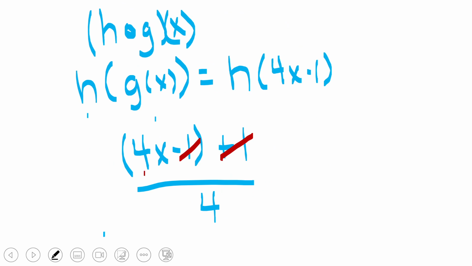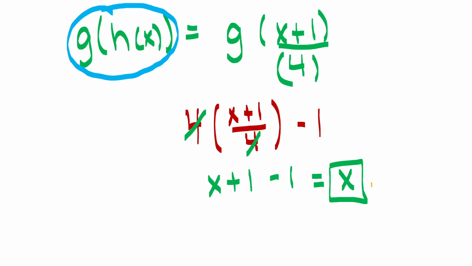And we have 4 divided by 4, so that goes away. What does all of that leave? Just x. Remember, we have x here. And if the yield is exactly the same in the composition tests, then they are indeed inverses.